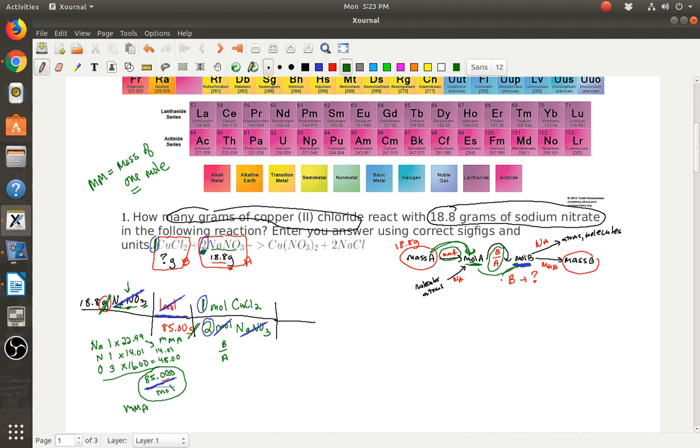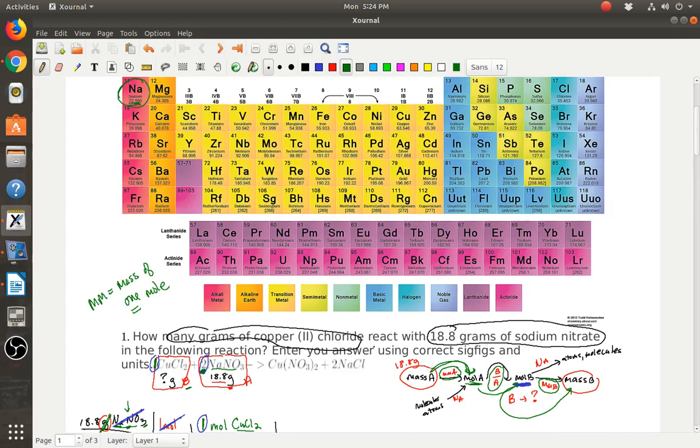So you go from moles of B to mass of B using the molar mass of molecule B. So now I need the molar mass of molecule B. That's molecule B. That's molecule B. I need the molar mass of copper 2 chloride. So copper and chlorine, 2 times 35.45 and 1 times whatever copper is. I'm going to look at the periodic table up here. And look, this is 35.45 for chlorine.